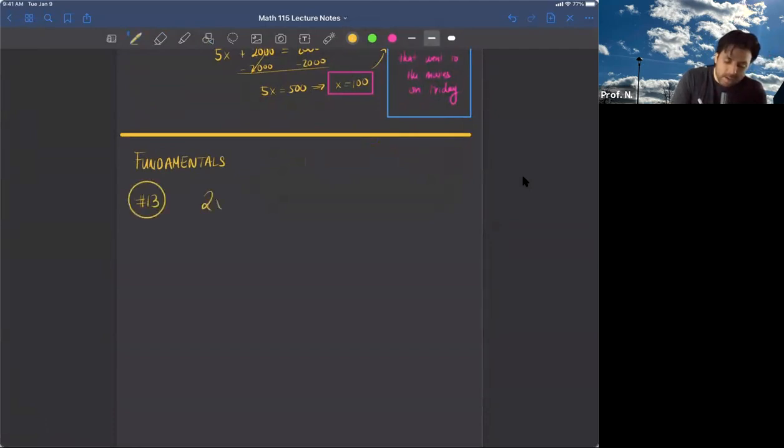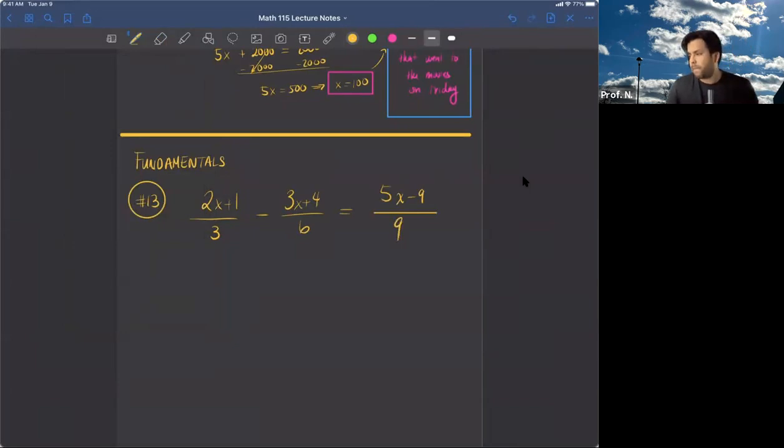We have 2x minus 1 plus 1 over 3 minus 3x plus 4 over 6 equals 5x minus 9 over 9. I want to solve for x.